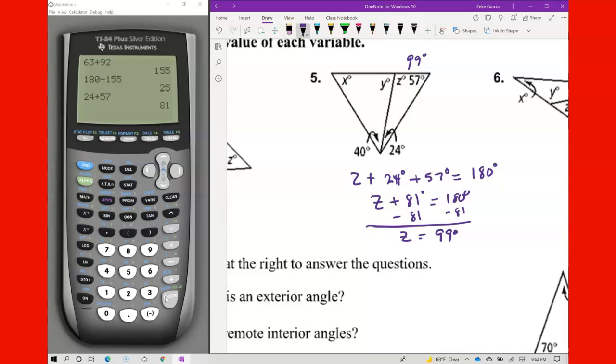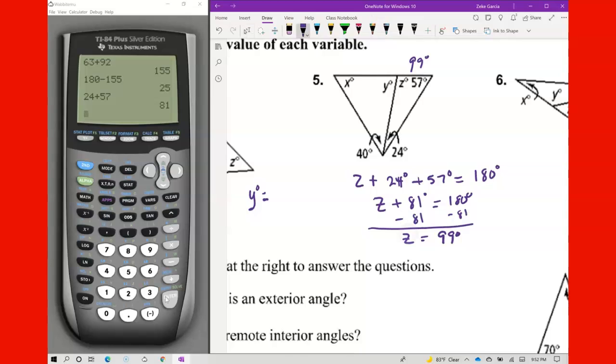And we know that angle z and angle y are supplementary. They do share a common side. So the measure of angle y is equal to 180 minus 99, which gives you 81.